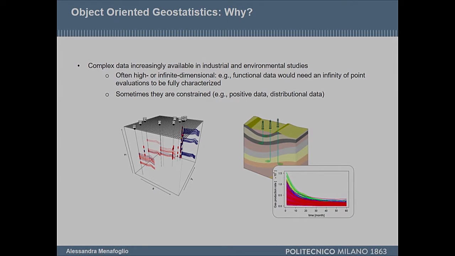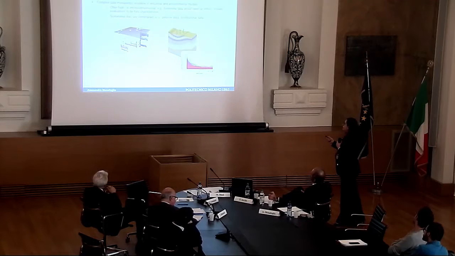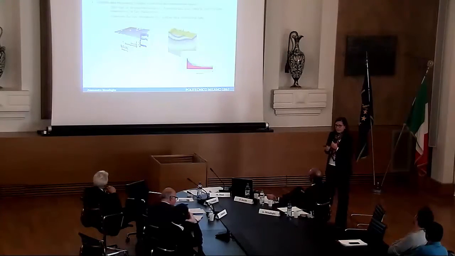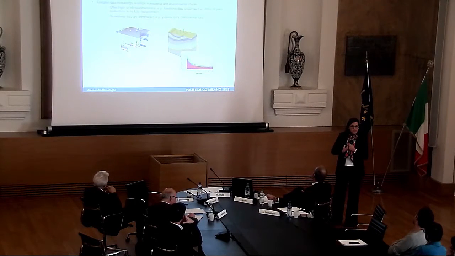Now, a function is somehow infinite dimensional because it needs an infinity of point evaluations to be fully characterized. Now, sometimes the data are constrained. We might have a positivity constraint, or we might have constraints on distributional data, like the precipitation distribution that I showed before, that needs to be in [0, 1].